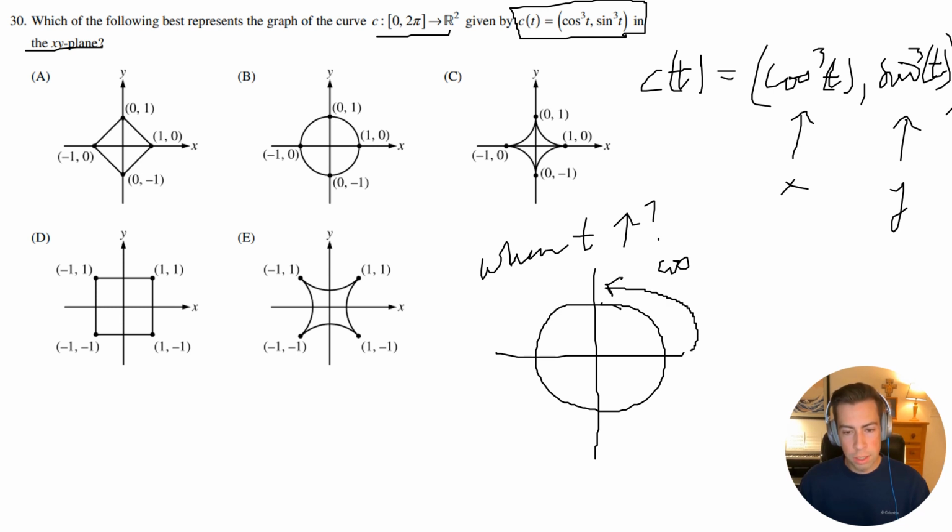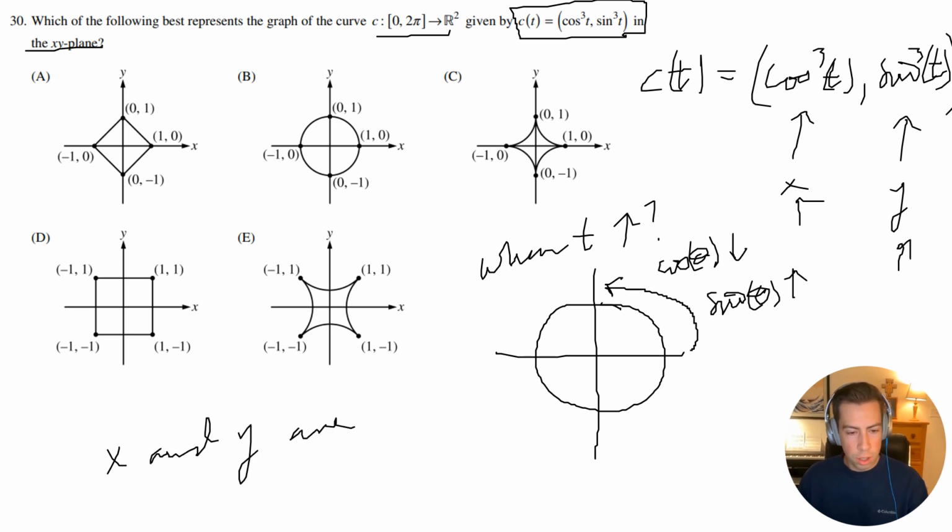So cosine theta decreases, but sine of theta increases. So what that tells me is that x and y are inversely related.